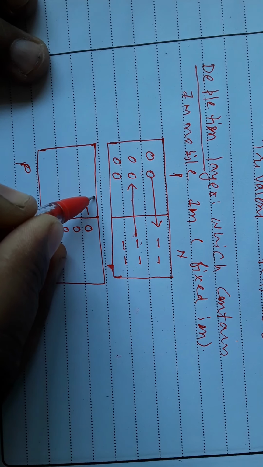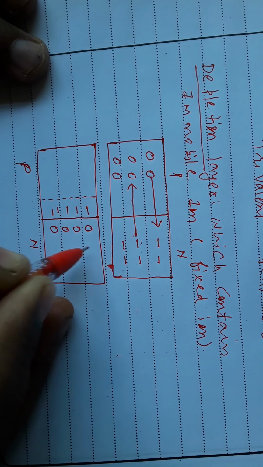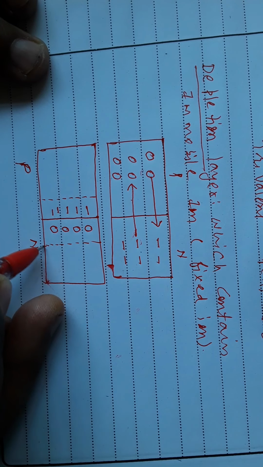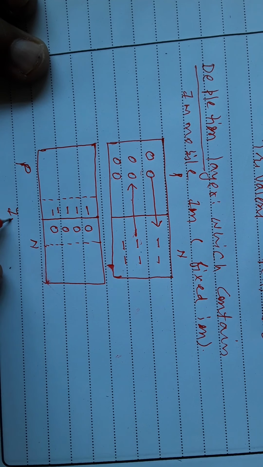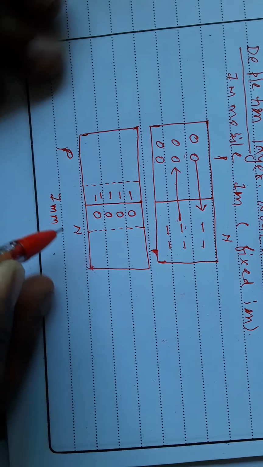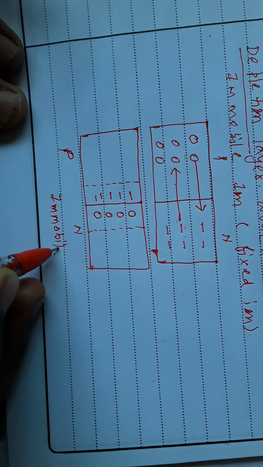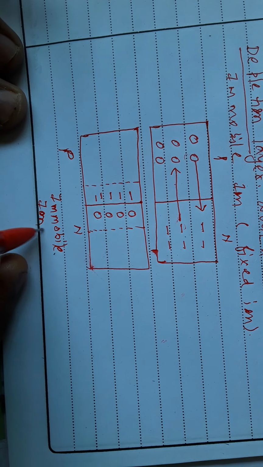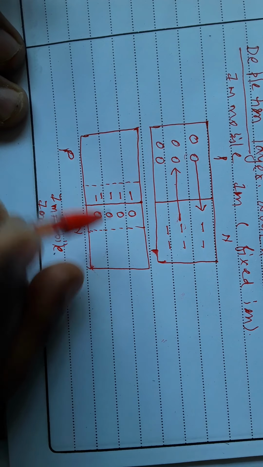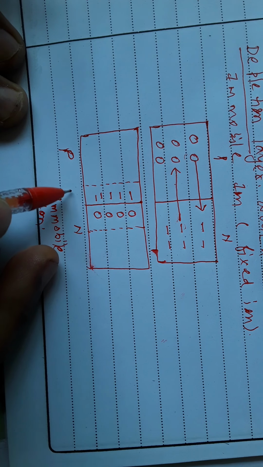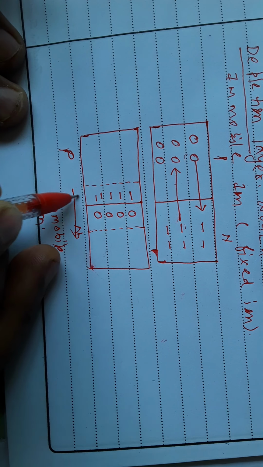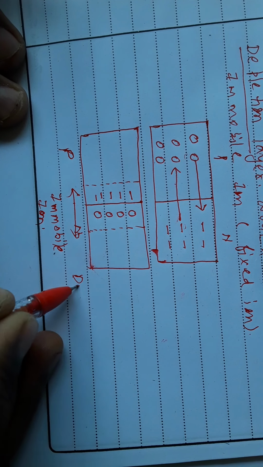Now, the layer which contains only immobile ions, this layer is known as depletion layer.